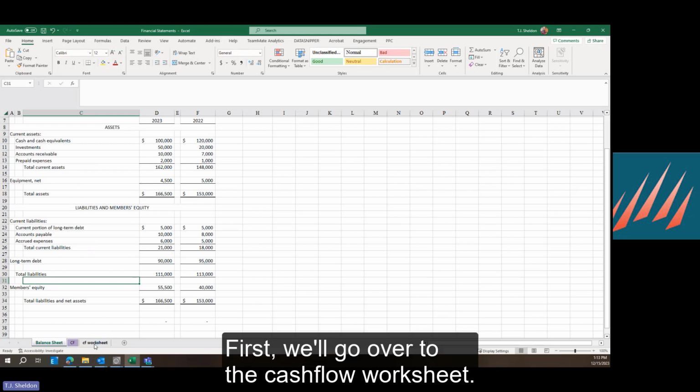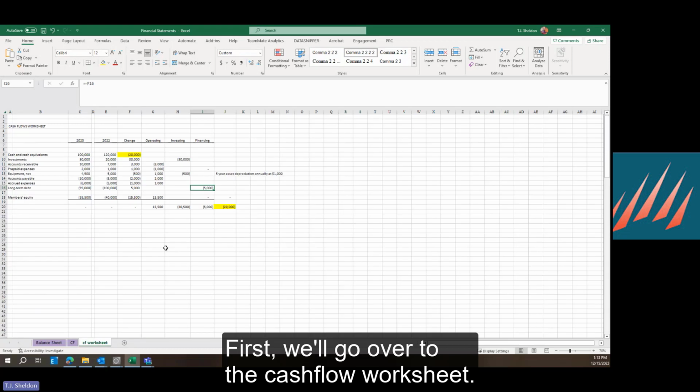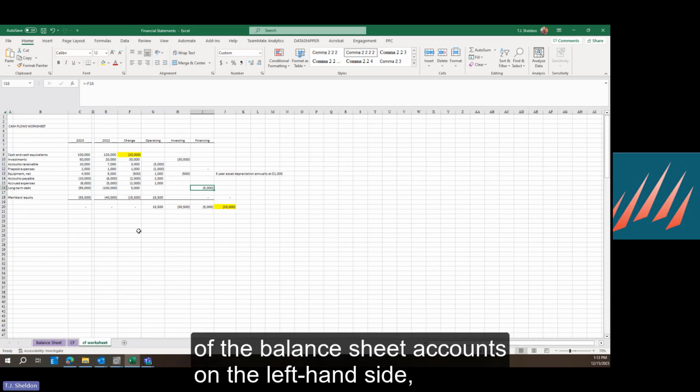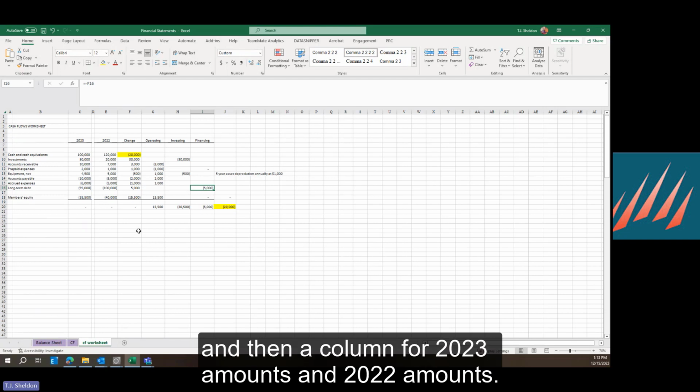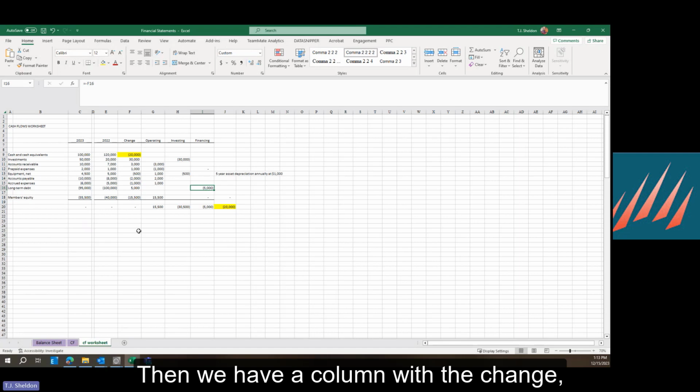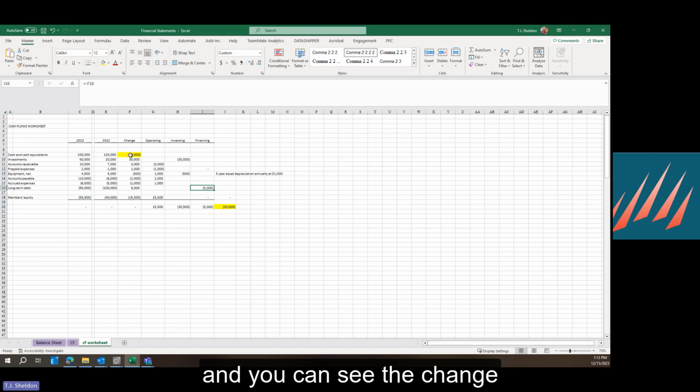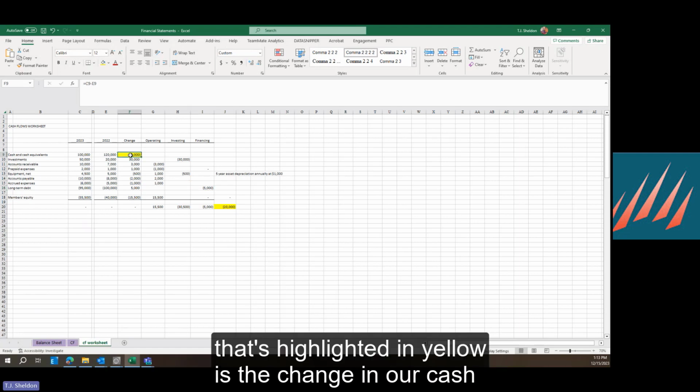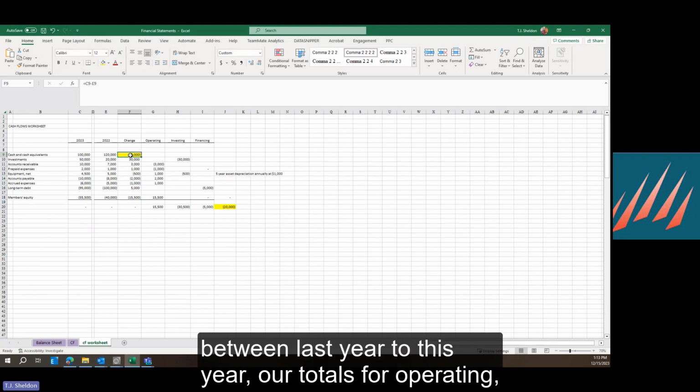First, we'll go over to the cash flow worksheet. This worksheet consists of all of the balance sheet accounts on the left-hand side, and then a column for 2023 amounts and 2022 amounts. Then we have a column with the change, and you can see the change that's highlighted in yellow is the change in our cash between last year to this year.